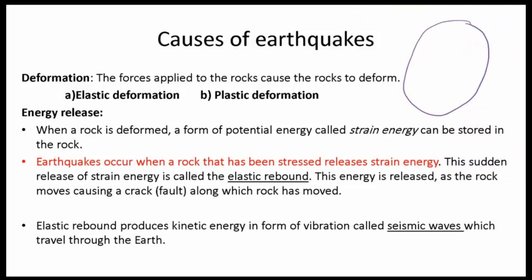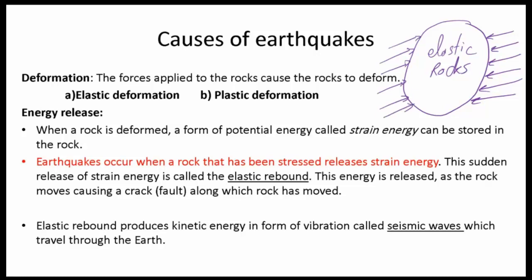What's the meaning of elastic rocks? صخور مرنة. If we apply some certain force on the rock, like some forces from both sides here, we call this kind of force stress. We apply a stress, إجهاد.